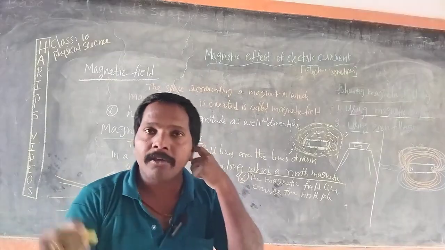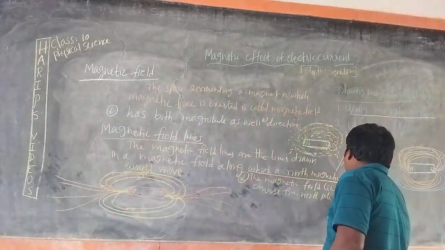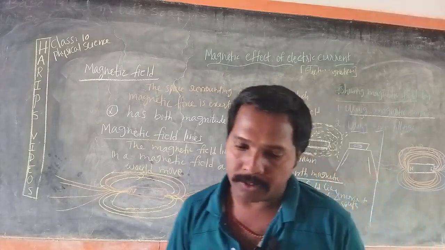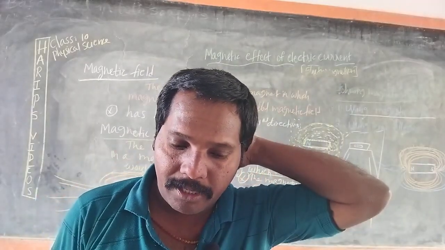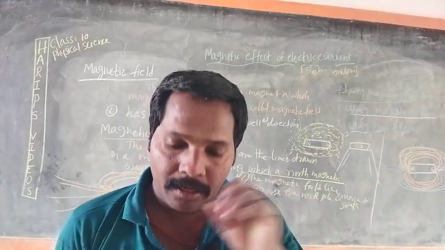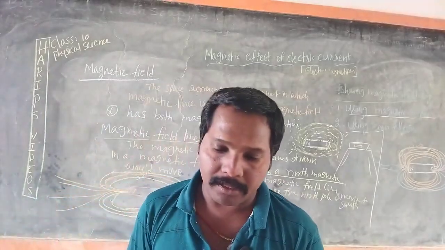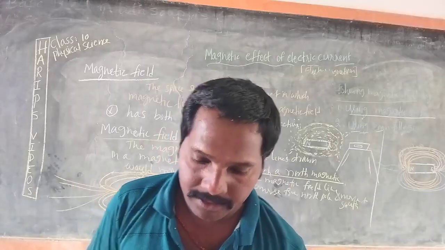Emerge from north means they leave the north pole and merge at the south. The magnetic field lines come closer to one another near the poles of a magnet, but they are widely separated at other places.